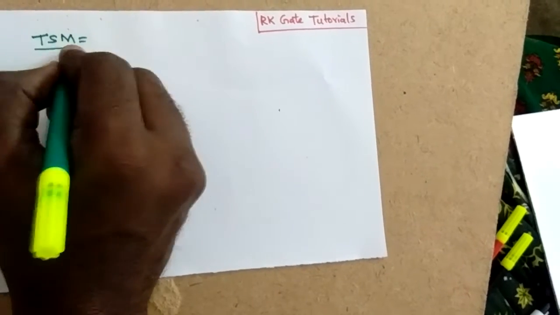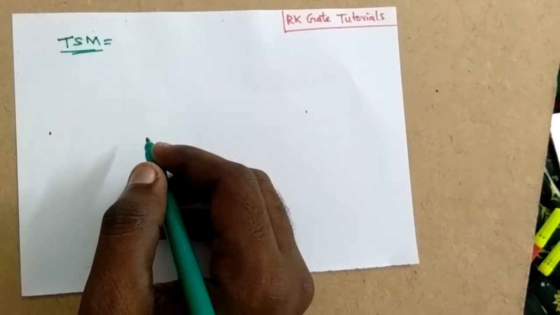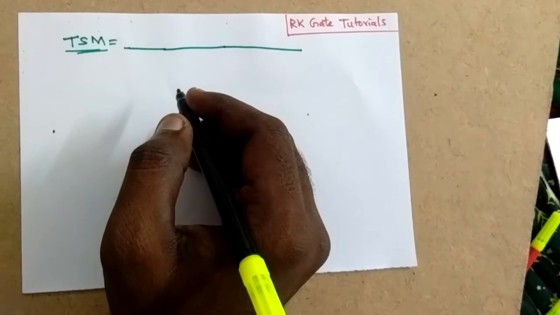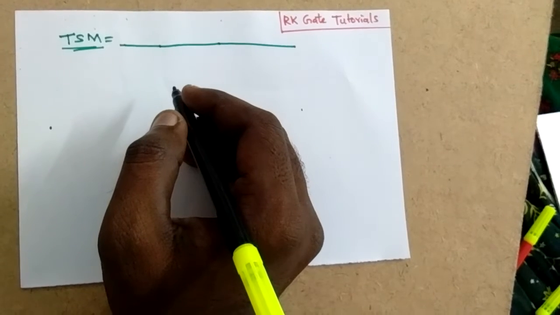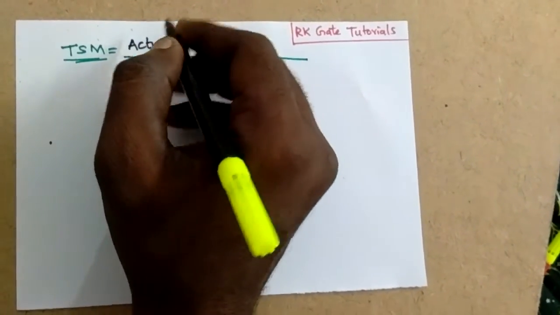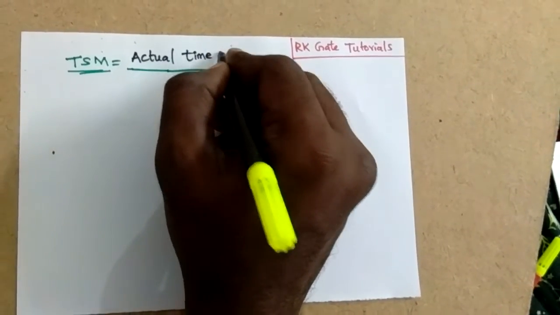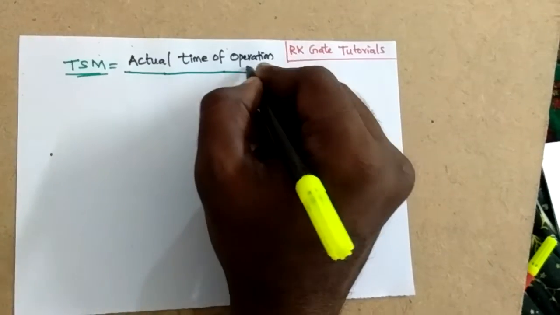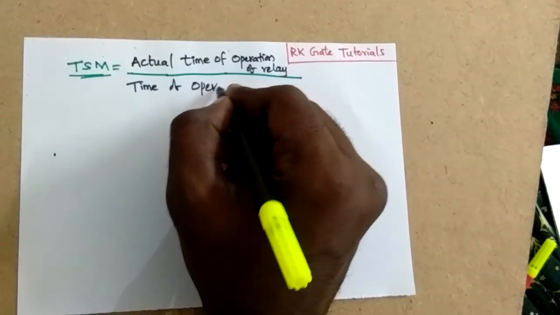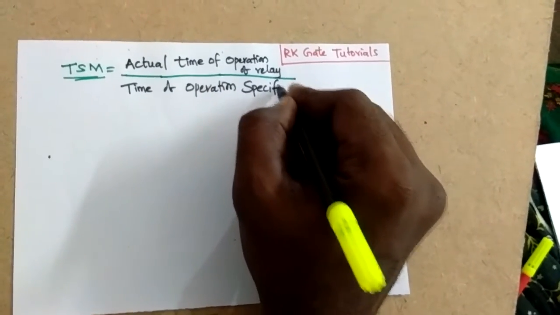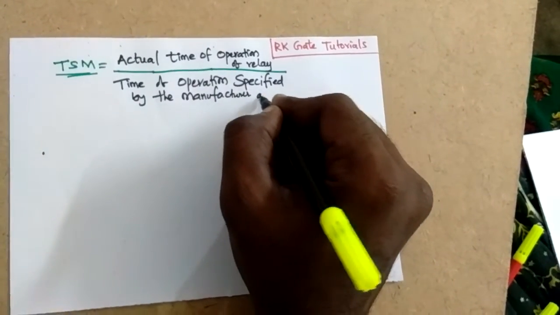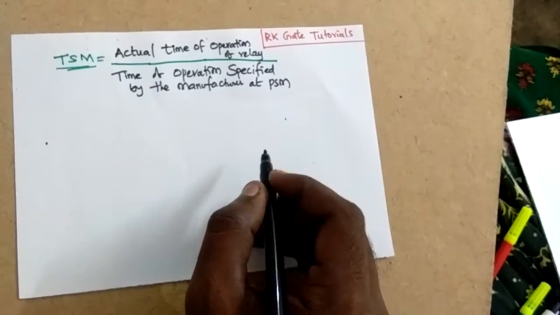The time setting multiplier is a ratio: the actual time of operation of the relay over the time of operation specified by the manufacturer at a given PSM.